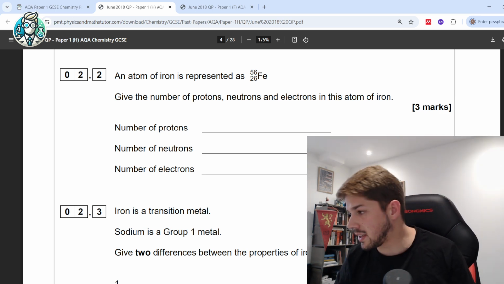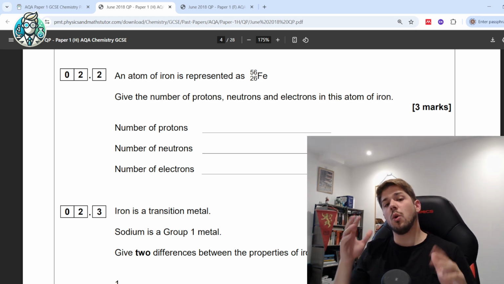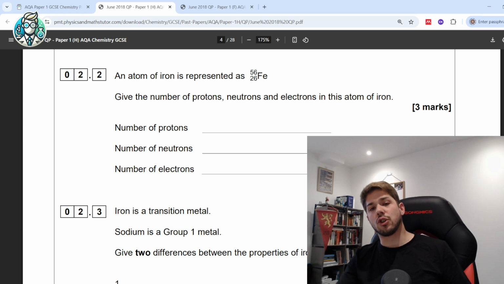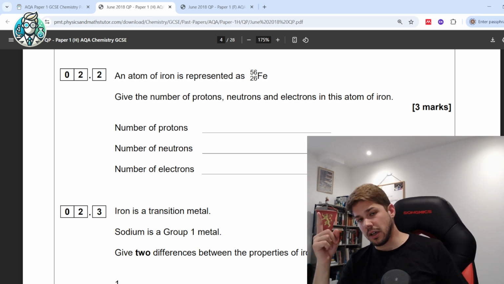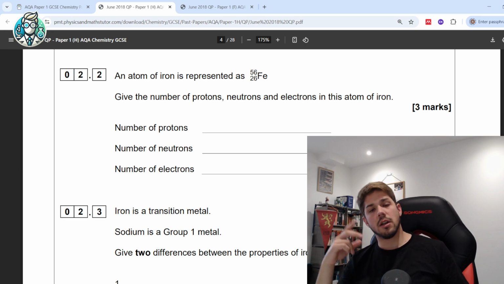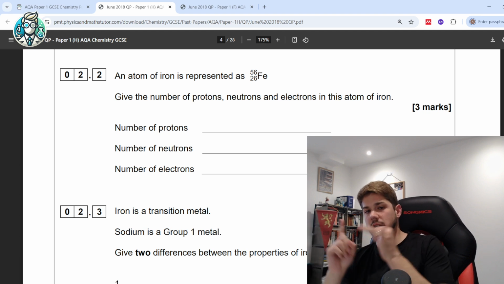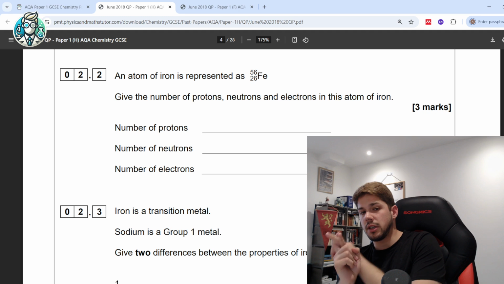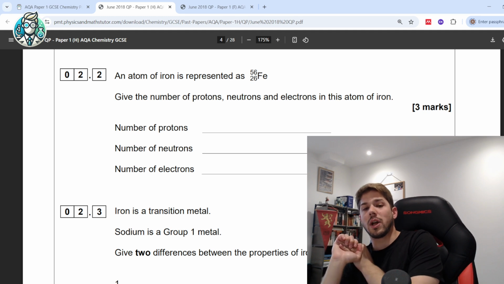And the last one, the number of neutrons, we get from doing atomic mass, which is 56, minus atomic number, which is 26. 56 minus 26, the answer is 30. So we have number of protons, 26, number of neutrons, 30, number of electrons, 26.